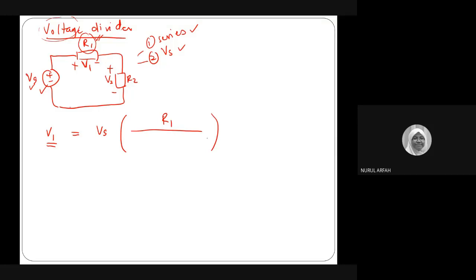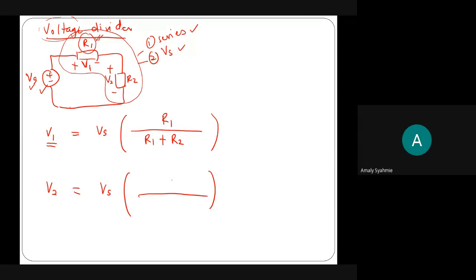And what about this part? This part is whatever in series, you need to sum up everything. So R1 plus R2. Okay. V2. Anyone can guess what should we have here? VS. Okay, we need the source voltage.